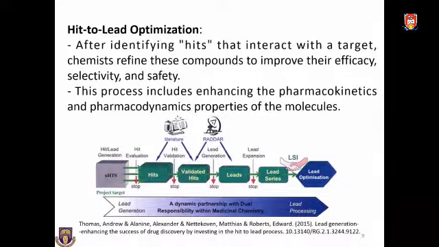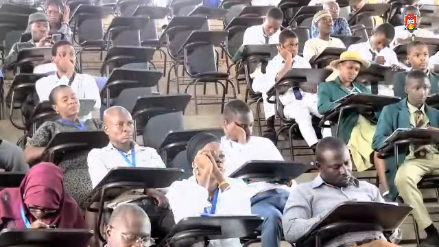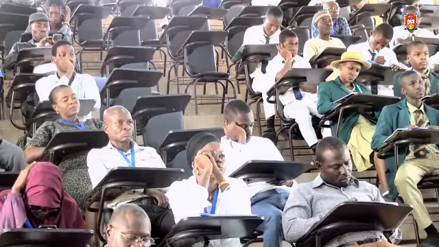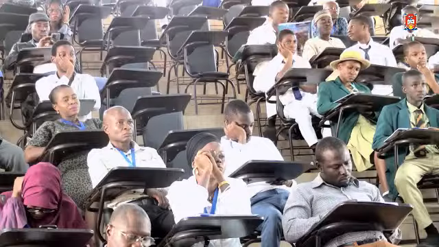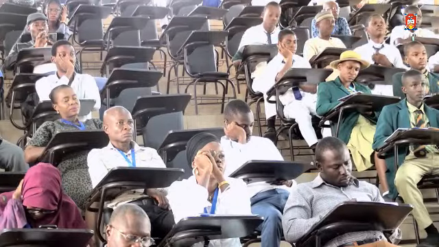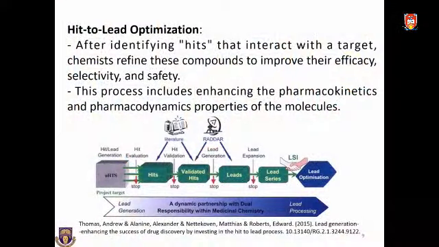The challenge is that when we generate those hits and we evaluate them, at times some of them fail, and so the process stops there. Even after you have identified the hit, while you are validating the hit, unfortunately, some of them also fail and the process stops.